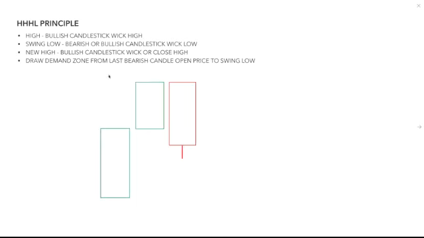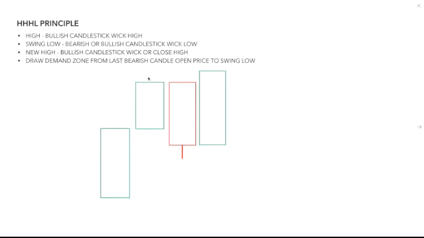And then we're looking for a new high, so a bullish candlestick wick or close high. The next candle has to either close above the previous candle, or it has to create a wick and close bullish. So a bullish candlestick, so it can close like that.